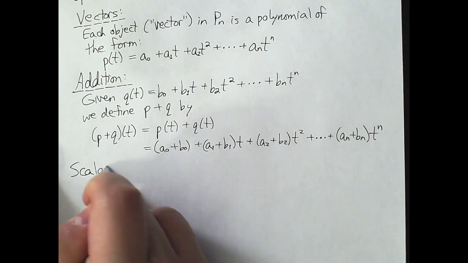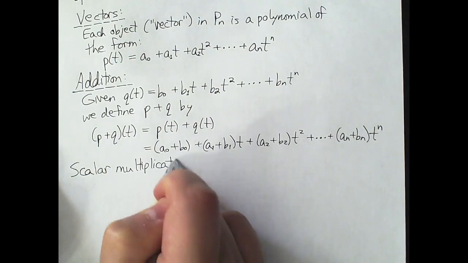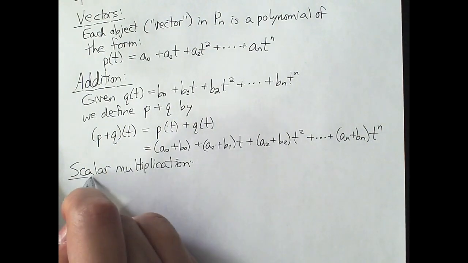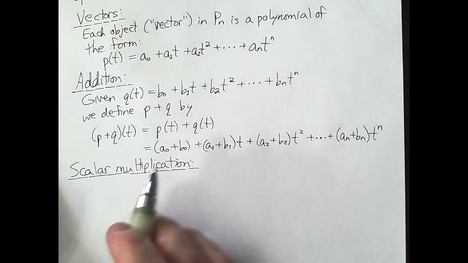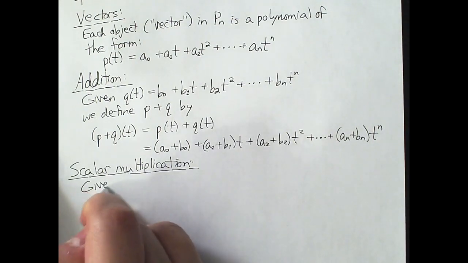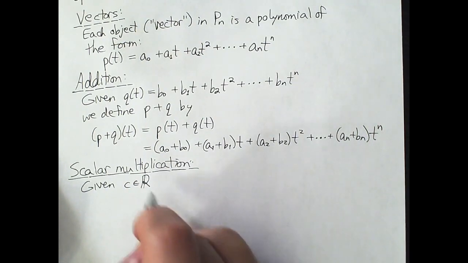But we need to say, how does scalar multiplication work in this vector space? Can we multiply a polynomial by a scalar? Sure, yeah, why not? So let's say we're given a scalar, c, from the set of real numbers.